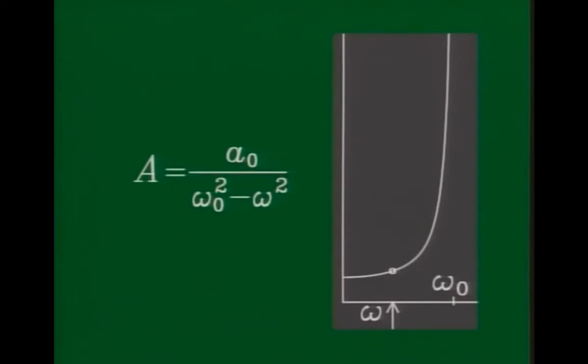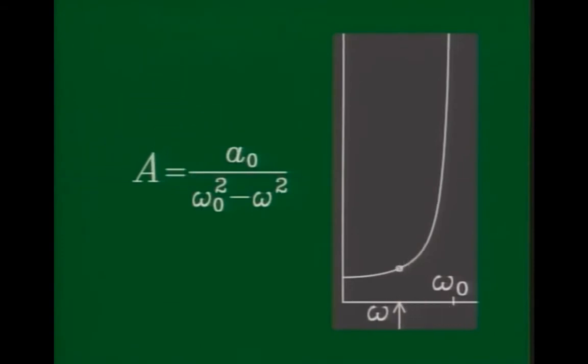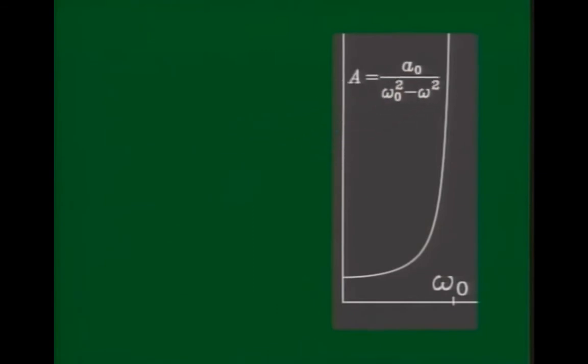So you see omega 0 in the bottom right hand corner, and the arrow is moving closer and closer to the W0, which is the resonant frequency. As the forced frequency gets close to the resonant frequency, the amplitude gets really, really big. And actually that's the telltale sign that you are getting to the resonant frequency in the first place.